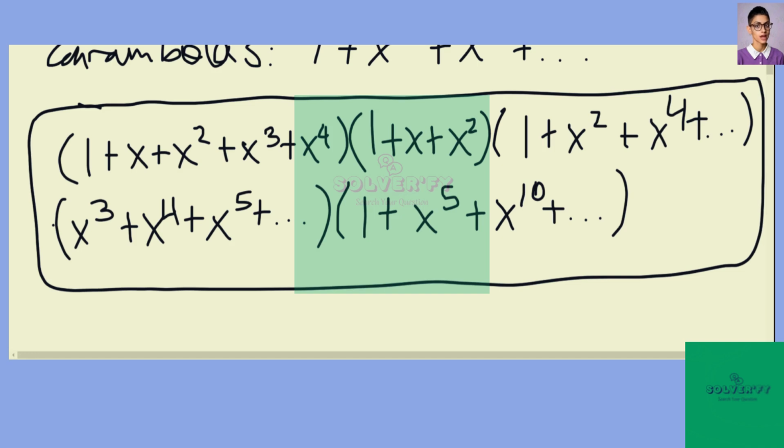So to find the number of ways a customer can buy n pieces of these fruits, we'll want to find, in the expansion of this series, the coefficient of x to the n.